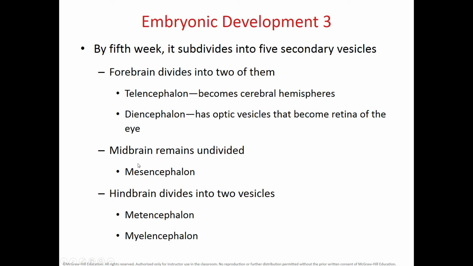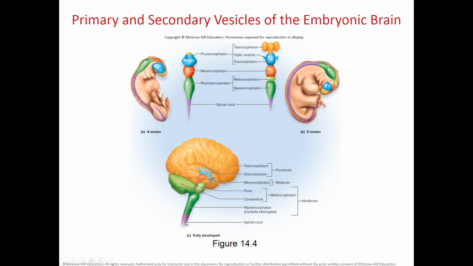The midbrain is not going to divide, so it's going to stay as mesencephalon, while the hindbrain is going to divide into 2 vesicles, the metencephalon and myelencephalon. Myelencephalon is going to form the spinal cord and also the rhombencephalon in here.